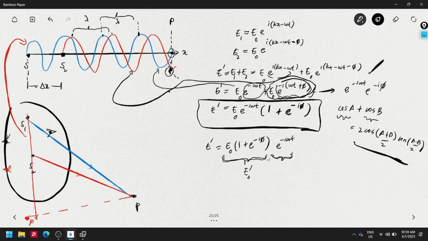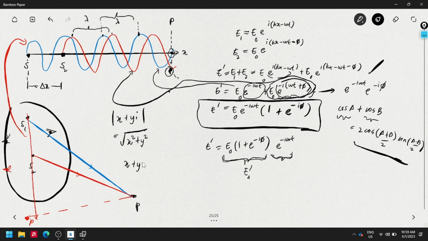The resultant amplitude is a complex number, but in reality, the one that you are seeing using your eyes is the magnitude of the complex number. Well, if you could remember the magnitude of a complex number, for example, if I have my complex number x plus yi, then the magnitude is given by the square root of x squared plus y squared, right? How about the conjugate?